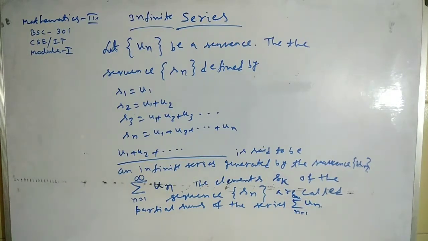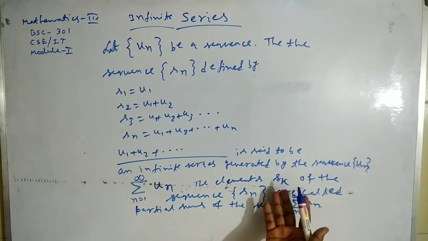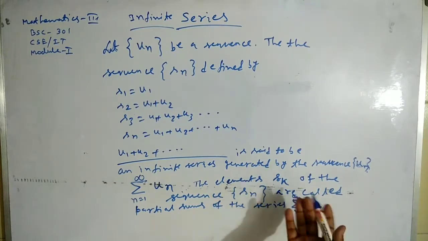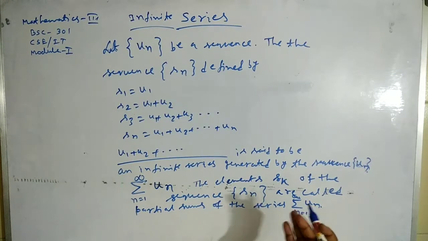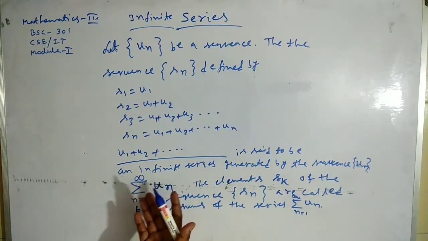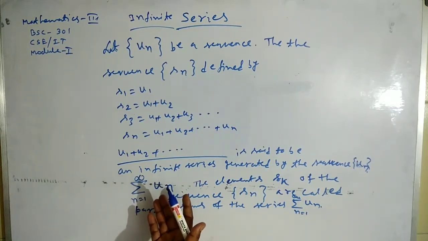Okay, so this is the infinite series, and if we take any certain term, I have denoted it by Sk, where k is an arbitrary natural number. So suppose we are taking S5, it will be U1 plus U2 plus U3 plus U4 plus U5. So this type of terms are called partial sums of the infinite series summation n equal to 1 to infinity Un.